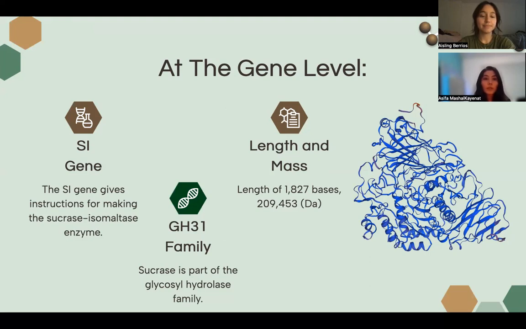Sucrase also has 3 splice variants, all with similar lengths. Sucrase actually has 6 paralogs, which are genes that are related through gene duplication and are often quite similar in protein sequences.